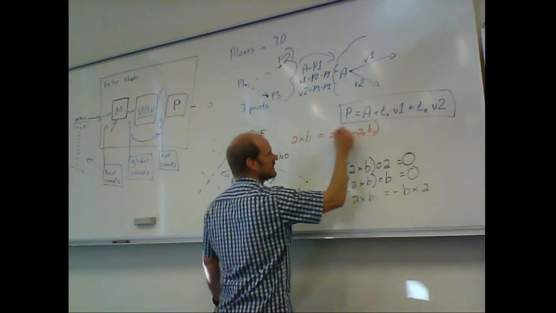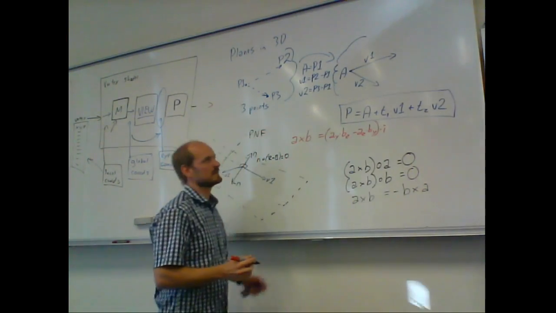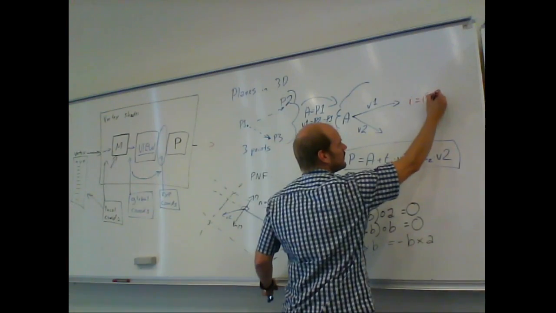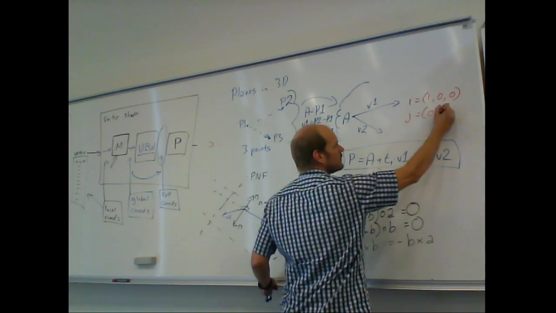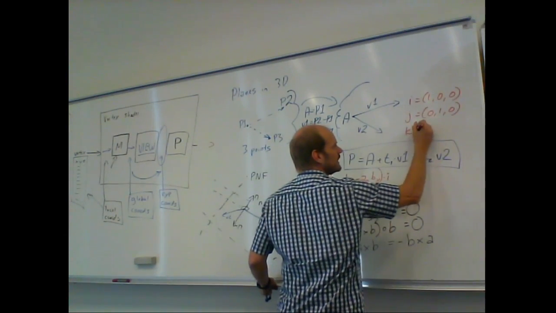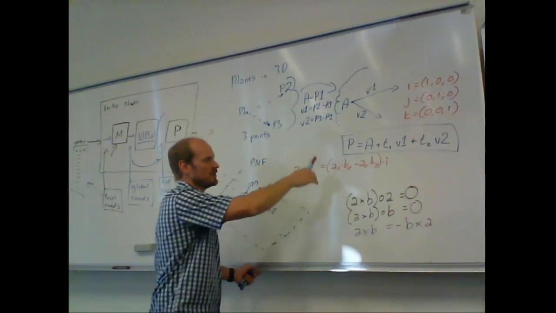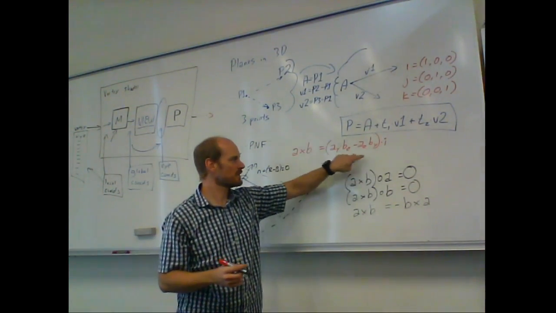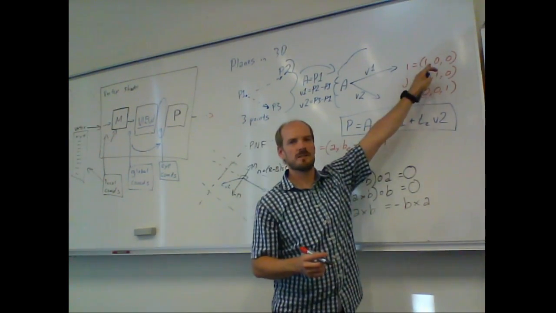I'm going to take this and I'm going to say that times the vector I, where the vector I equals 1, 0, 0, the vector J equals 0, 1, 0, vector K equals 0, 0, 1. So what I'm basically saying is the x-coordinate of A cross B is this. Something multiplied with the vector I is obviously just that number as an x-coordinate.